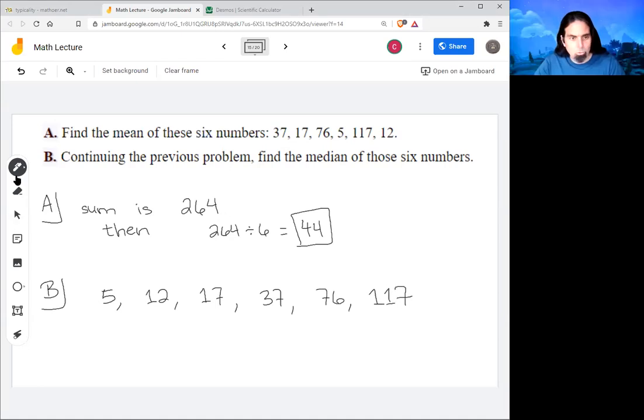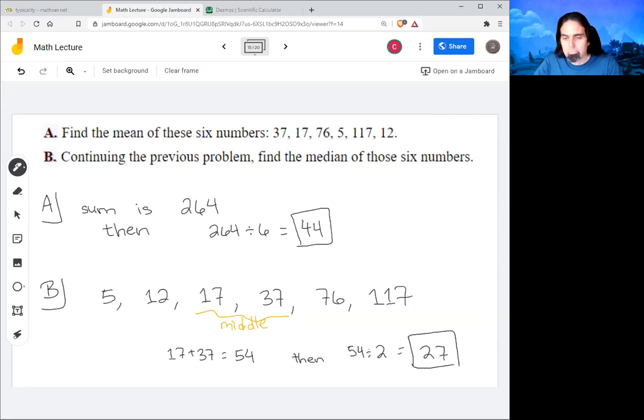So the middle two are going to be the 17 and 37. So 17 plus 37 is going to be 54. And 54 divided by 2 is going to be 27. Ta-da!